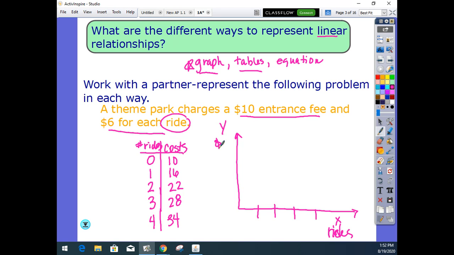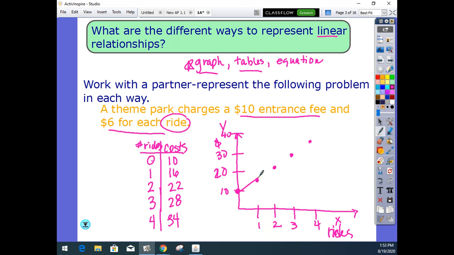And I've got to get up to 34, so I'm going to go 10, 20, 30, 40. And it helps to label your axes. Always label your axes. All right. So 0, 10 is going to be right here. 1, 16, 2, 22, 3, 28, 4.